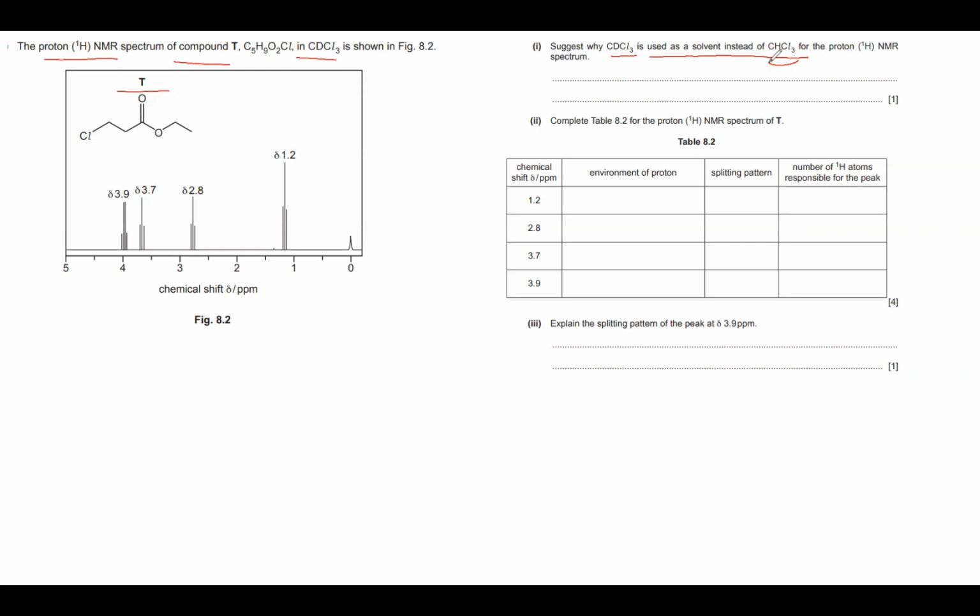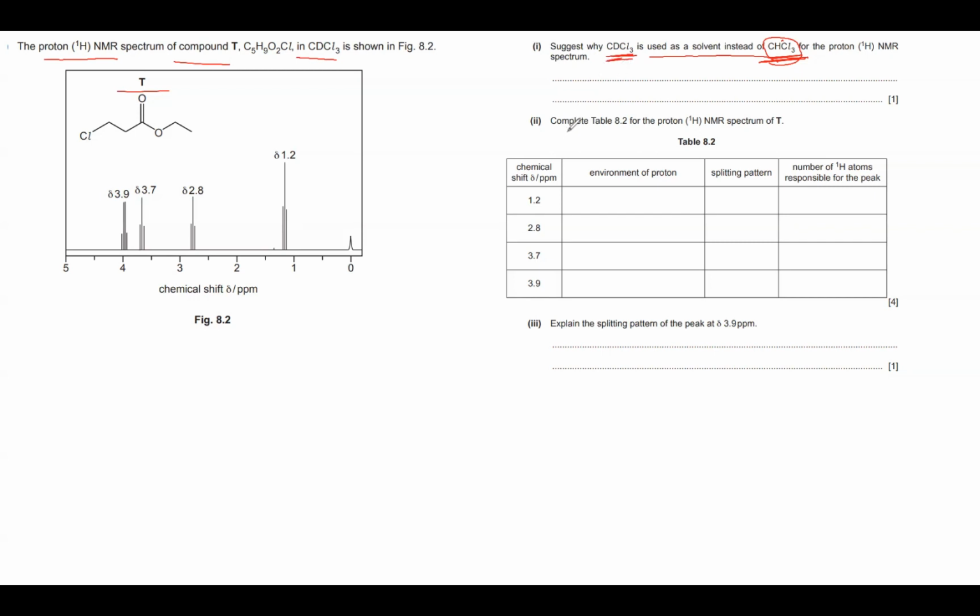So this solvent will give us a peak. We don't want to have this peak in the spectrum, so we avoid using this solvent. We prefer using CDCl3. So the answer is because CHCl3 will give an unwanted peak, but CDCl3 does not.